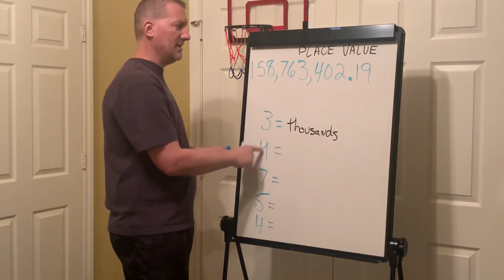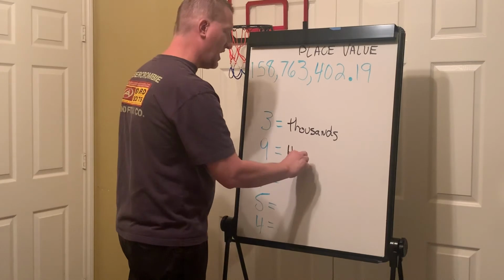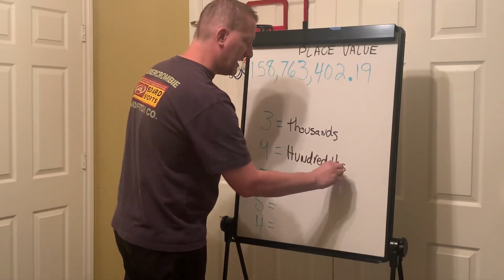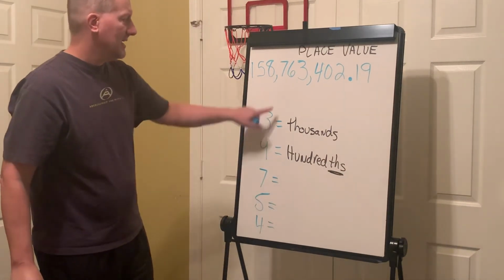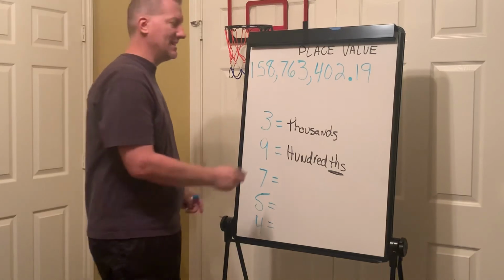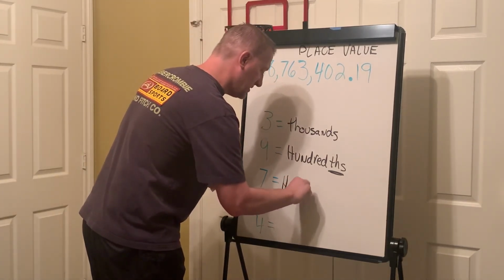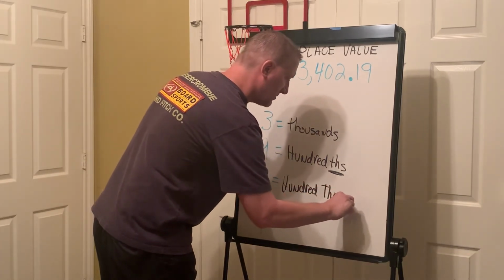The 9 is in the, hopefully you got this one, it is in the hundredths place. Don't forget the TH on the end. Hundredths place. The 7 is in the hundred thousands place.